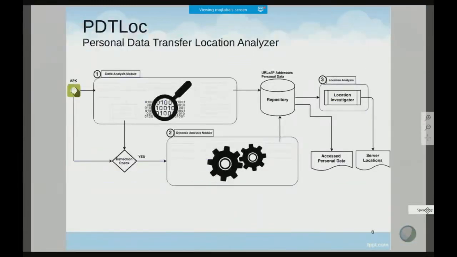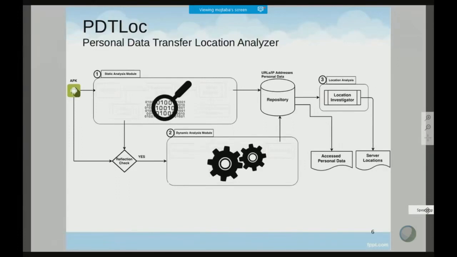There are three big modules of this tool: static analysis, dynamic analysis, and location investigator. The static analysis performs a code analysis, and we check reflection and dynamic code loading in the mobile apps. If they use such a thing, we run the dynamic analysis on the app too.